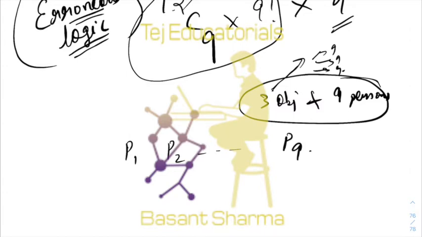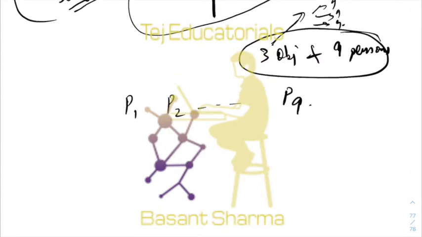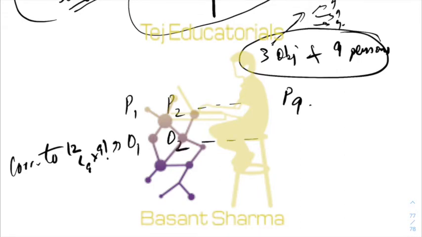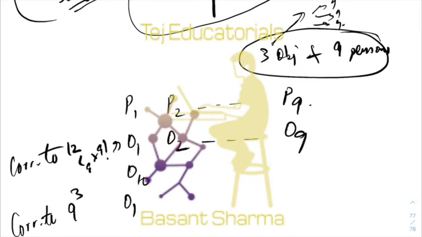Suppose corresponding to 12C9 into 9 factorial, one of the arrangements is O1, O2 till O9, sequentially. And suppose corresponding to 9 to the power 3, you have something like O10 and O11 here.